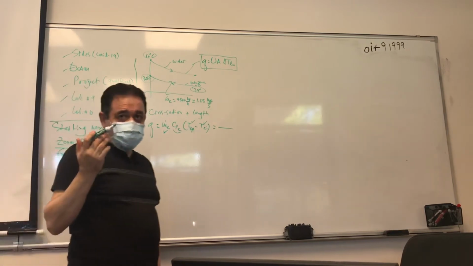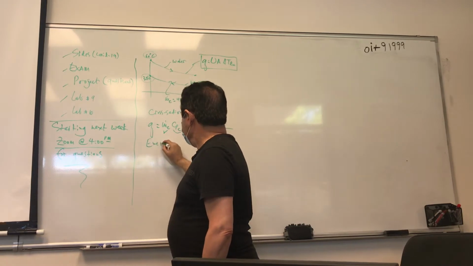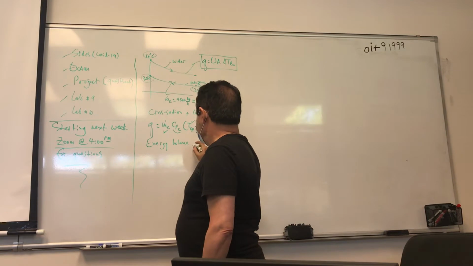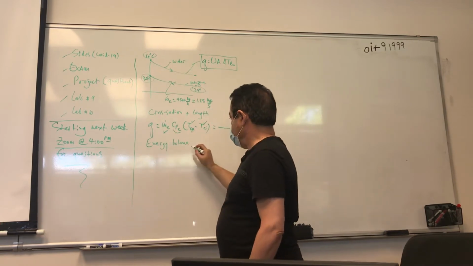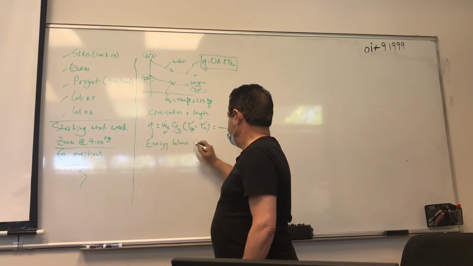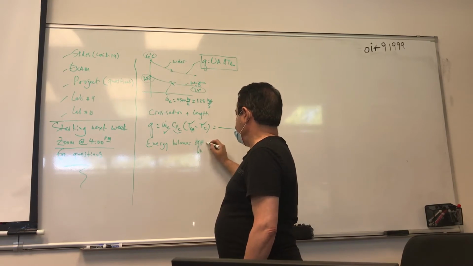Maybe energy balance? Yeah. Okay, so energy balance, which says that this Q, basically, the Q of the hot equals Q cold, right? Q hot is equal to Q cold, right?